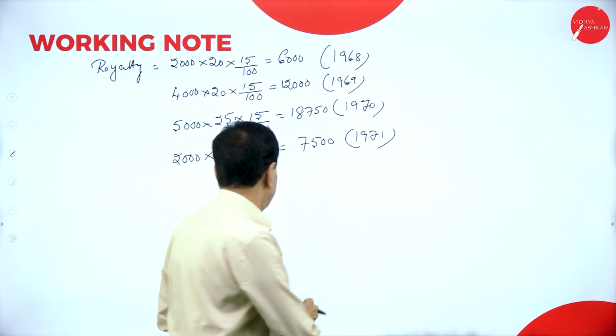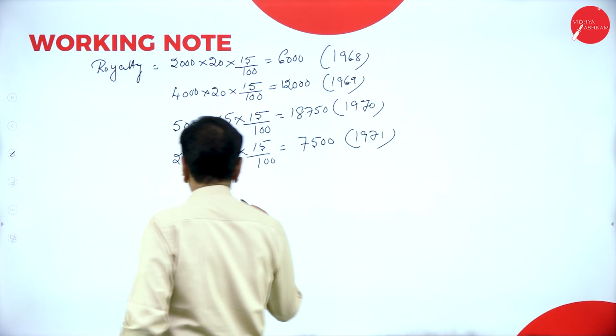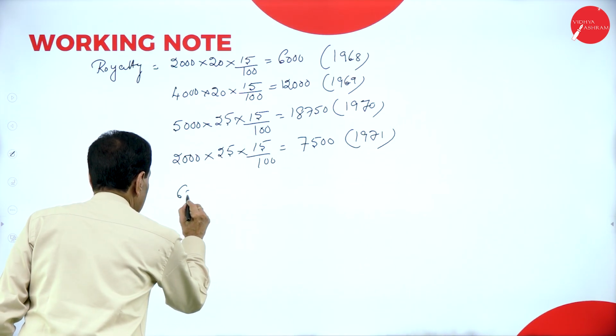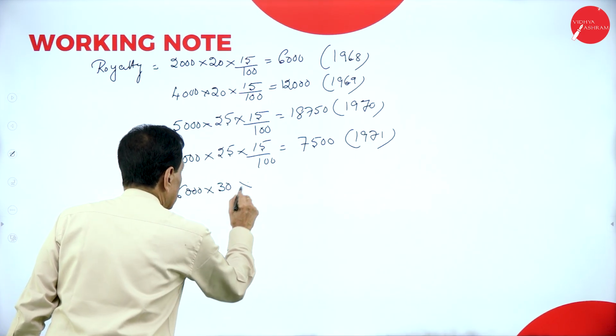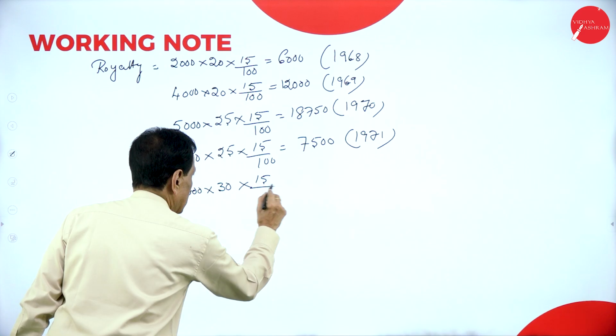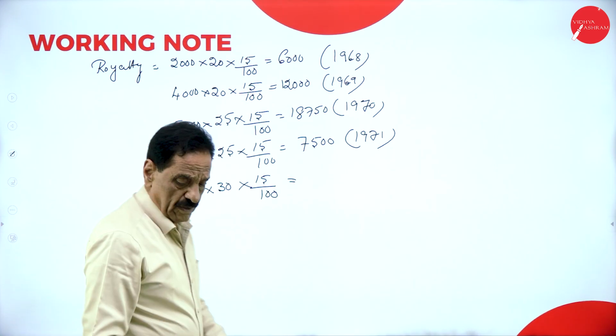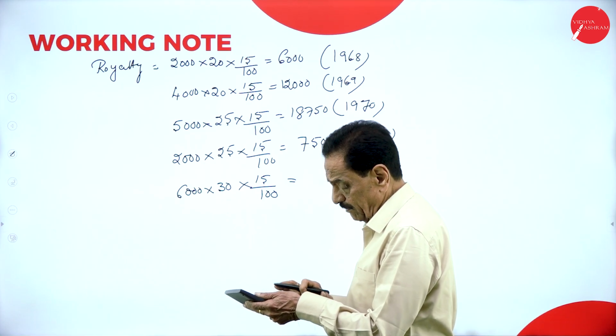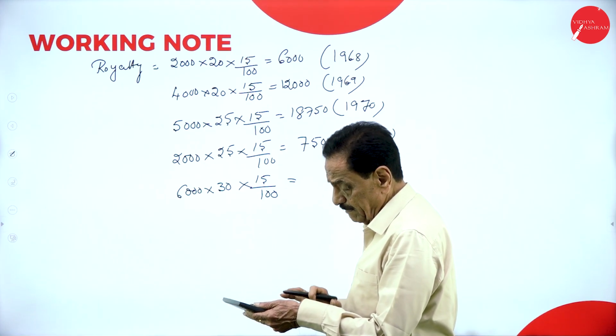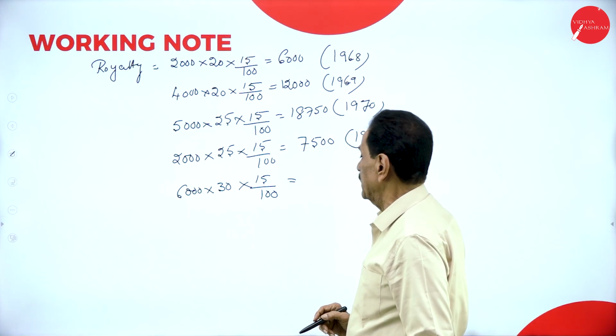Last year, 6,000 into 30 into 15 by 100. 6,000 into 30 into 15 divided by 100, 27,000.